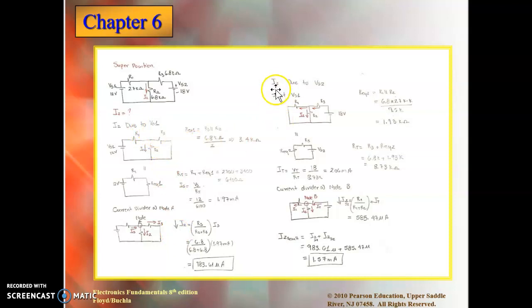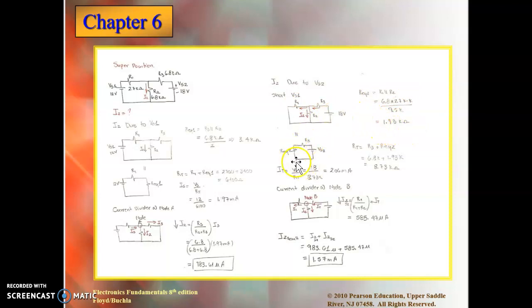Now I'm going to find I2 due to VS2. So here I'm going to put back the VS2 source, which is 18 volts, and remove the other source right here. In this case, R1 and R2 are in parallel, so my equivalent is R1 in parallel with R2, and I get 1.93 kilo ohms.